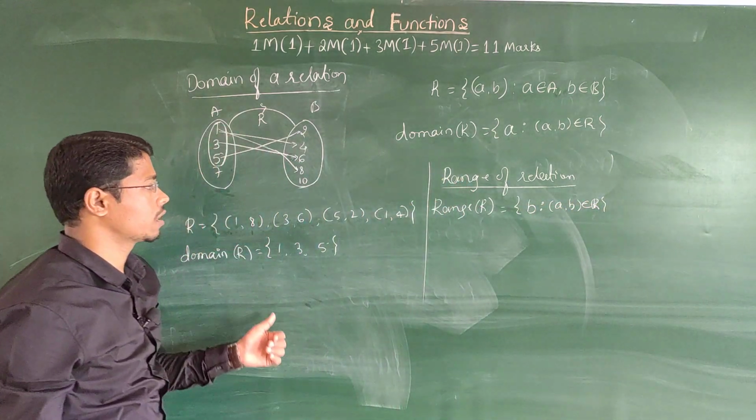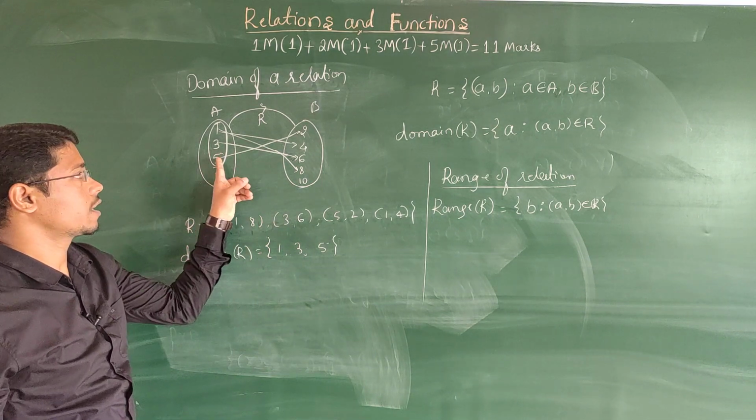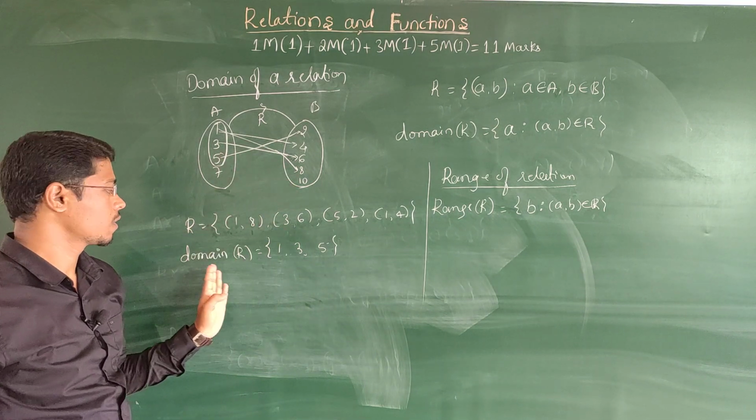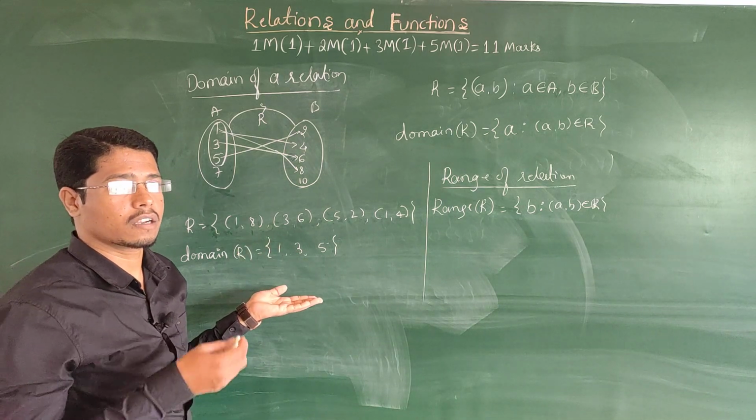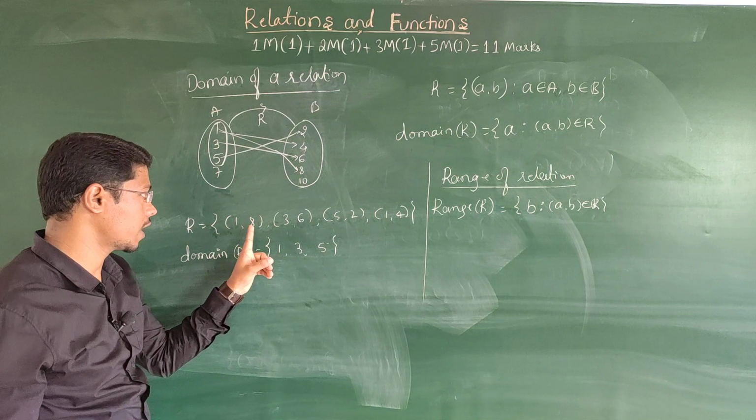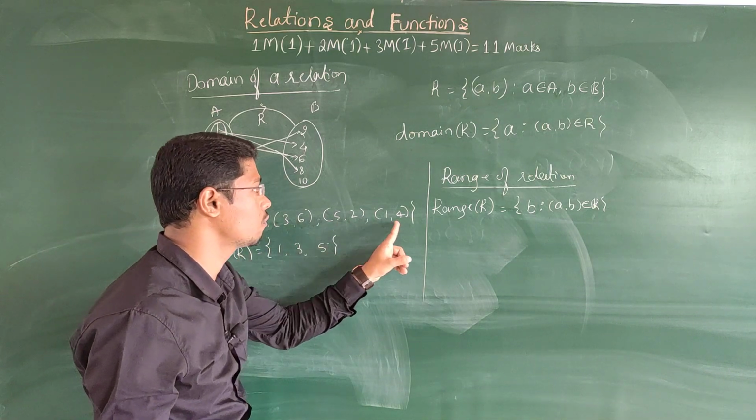Now take the example R. The domain follows from this relation, and its range is the set of second elements of the ordered pairs: 8, 6, 2, 4.